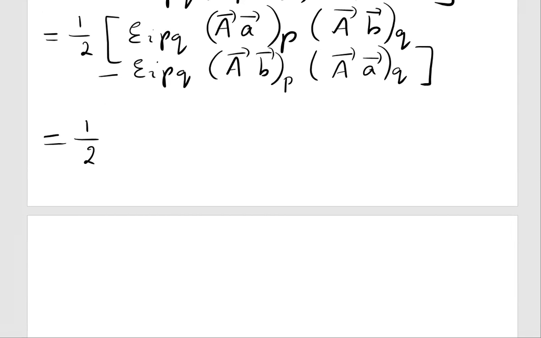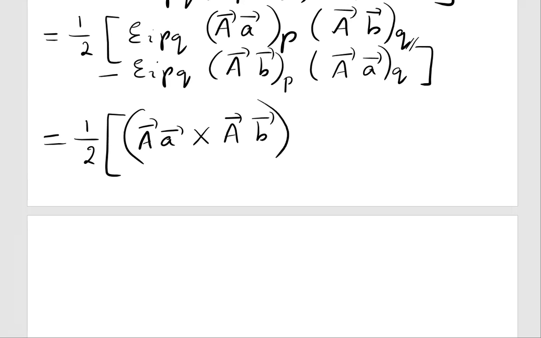Now just watch the first big term. You have epsilon IPQ. You have one vector with the components P, another vector with the components Q. Now is this not the cross product of those two vectors? So it is A, small a, cross the second vector, capital A, B, one bracket for that. And which component? P is dummy, Q is dummy. So you have I here. So I component of that.